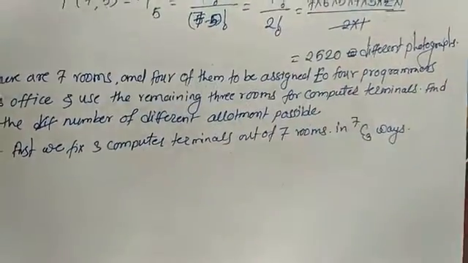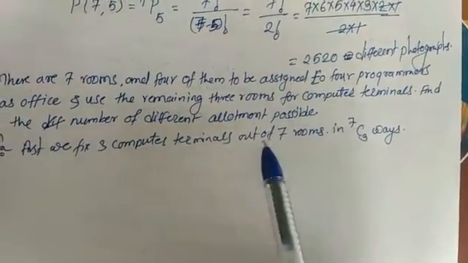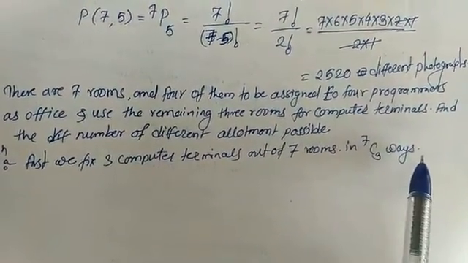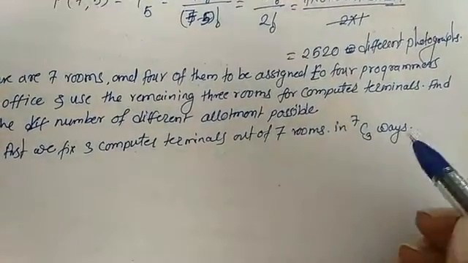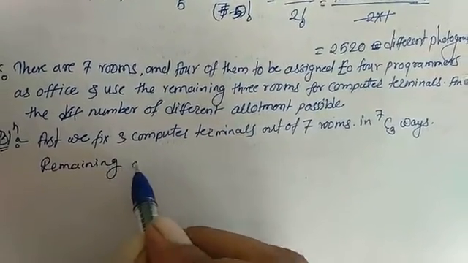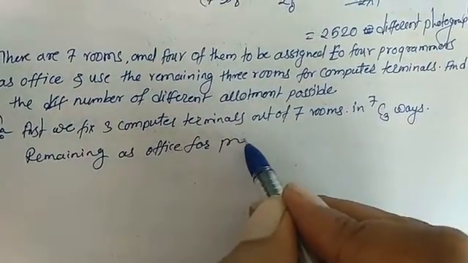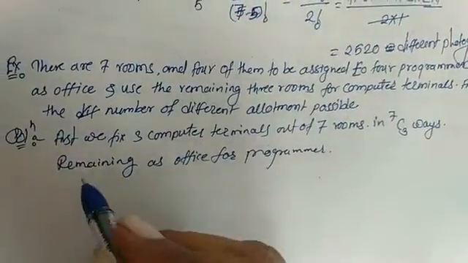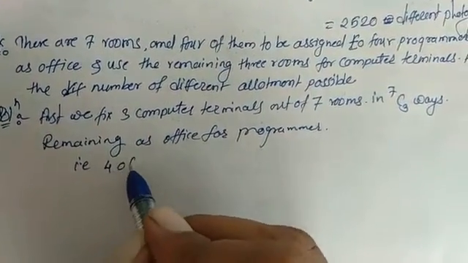We will define combinations also. So here we have to select 3 rooms from 7, so it will have 7C3 ways, and the remaining rooms are offices for programmers. Now we have 4 offices.